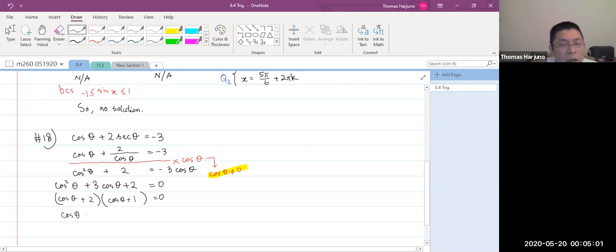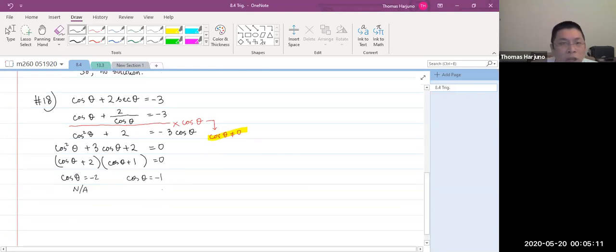Cosine theta equals -2; there's no solution for that branch, right? Cosine theta equals -1. Then what will theta be? Pi plus 2 pi k. Now cosine theta is -1, so it will not be 0, right? So we are fine with that answer. Is it okay?